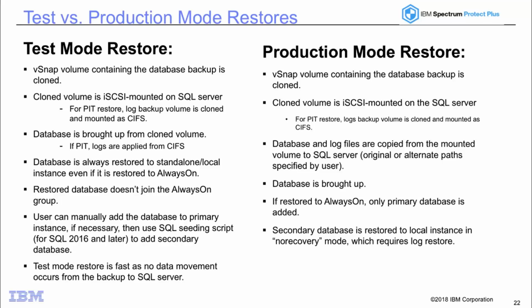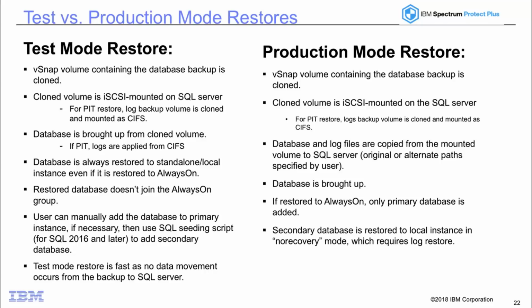The database is brought up from the clone volume. As per usual, the database is always restored to a standalone local instance, even if it is restored to an Always On availability group, and it doesn't join an Always On availability group. That's pretty standard for SQL Server.